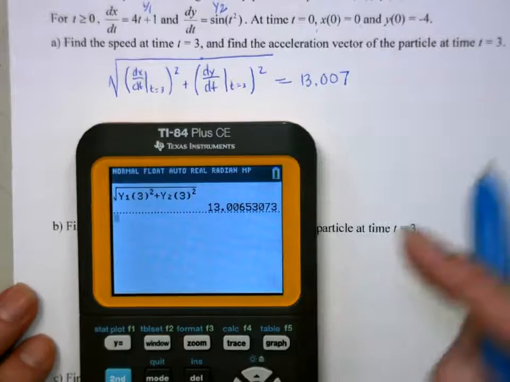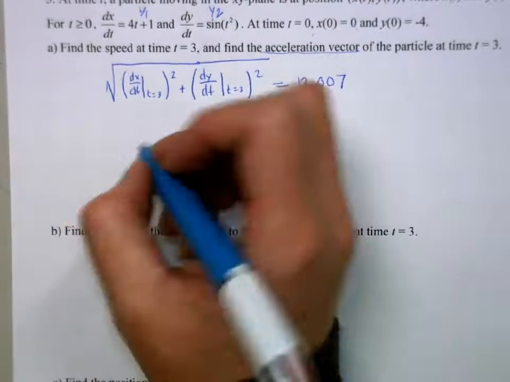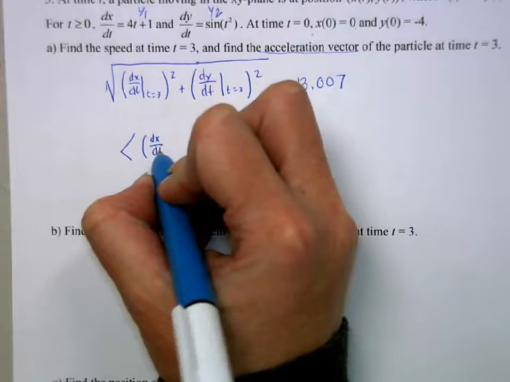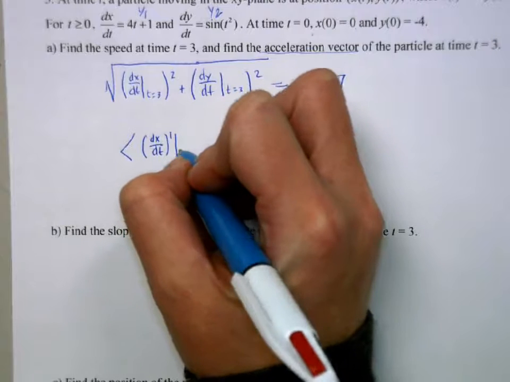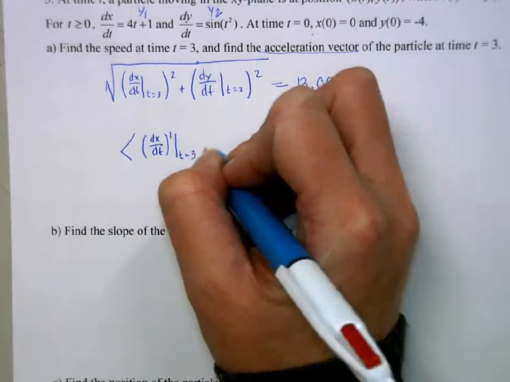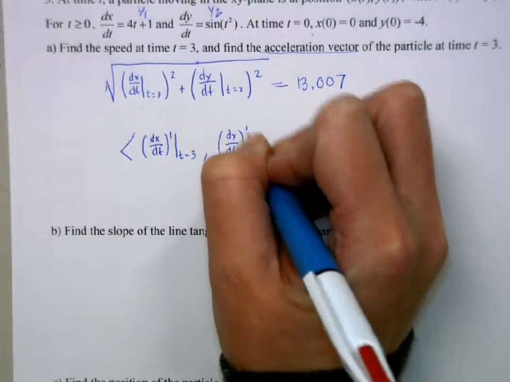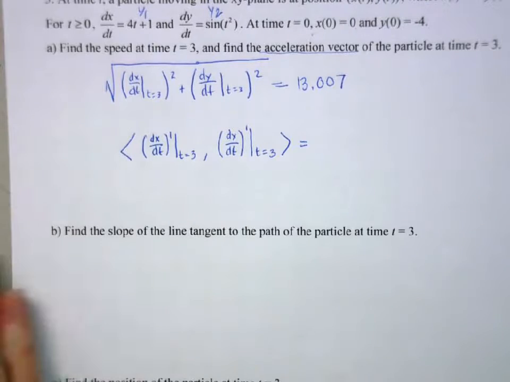The second part says we want the acceleration vector. Okay, the acceleration vector is just going to be the derivative of dx dt evaluated at t equals 3 and dy dt prime evaluated at t equals 3. Again, we're going to use the calculator.